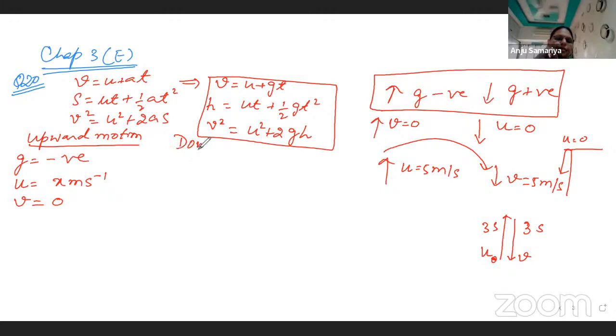Downward motion: g is positive, U is 0, and V will be X meter per second. So time taken to go up, T1, is equal to T2, time taken to come down.